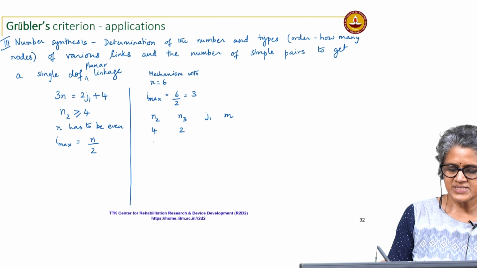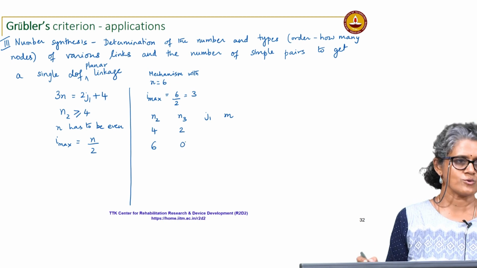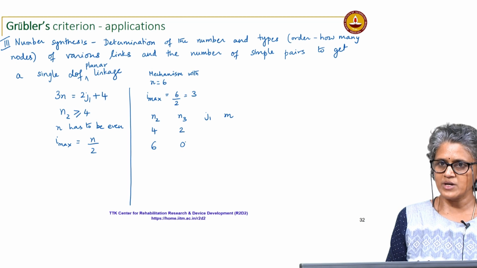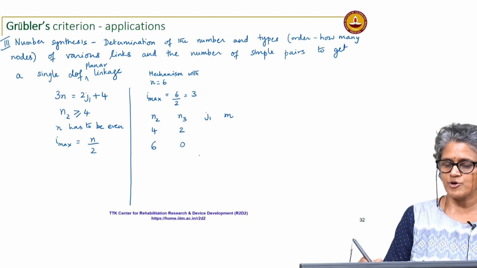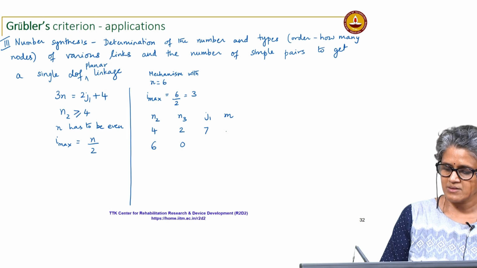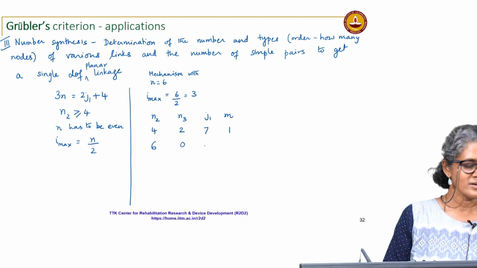The other option is, again n has to be even. So, n2 can be 6, n3 can be 0. Those are my only two possibilities. Yeah, write the equation. So, what do you have for J? You get J1 equal to 7 here, you get m equal to 1 here.